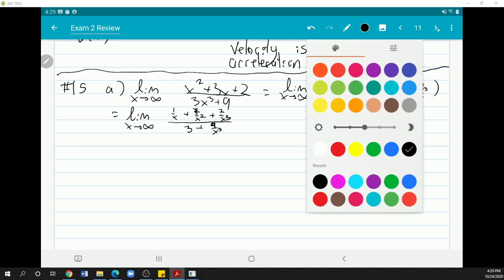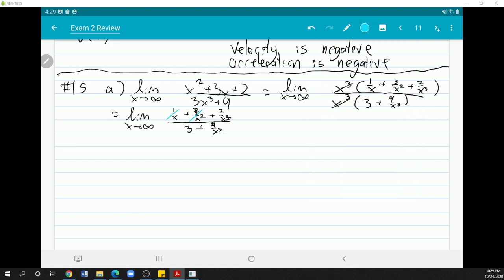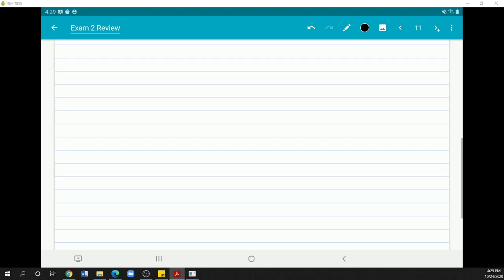And now I take my limit. Anything with an x under it goes to 0 because x is going to infinity. And I'm left with 0 over 3, or 0. And this makes sense with our intuition, right? Because the bottom is bigger than the top, so the denominator should dominate the numerator.